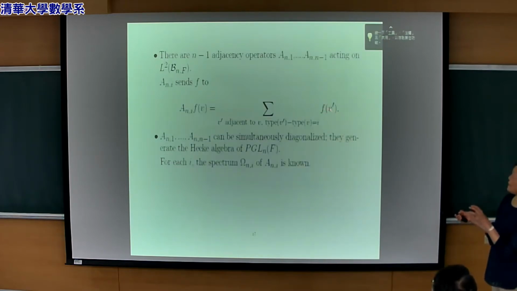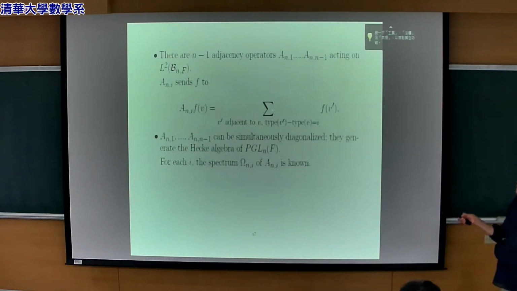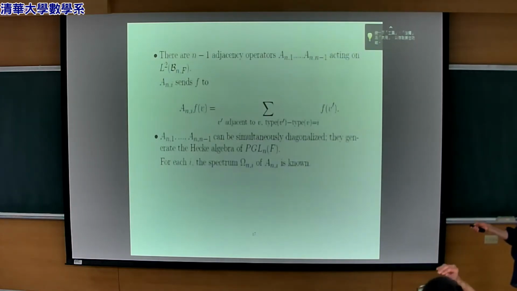Now we have finer structure. We do not sum over all the neighbors, but we only sum over the neighbors whose type is i more than the type of the starting vertex. So this is the finer partition of the adjacency relations. These n-1 operators can be simultaneously diagonalized and generate the Hecke algebra for PGL_n(F).